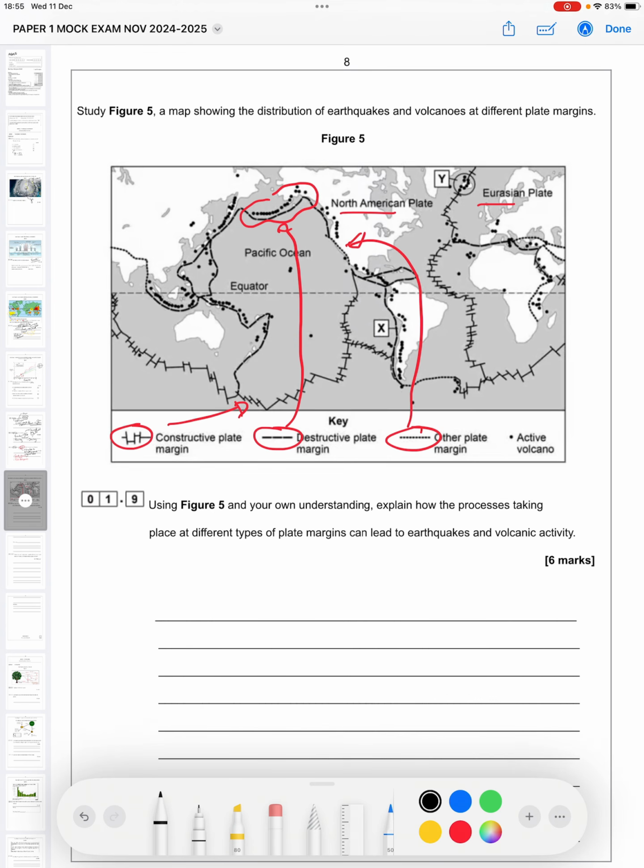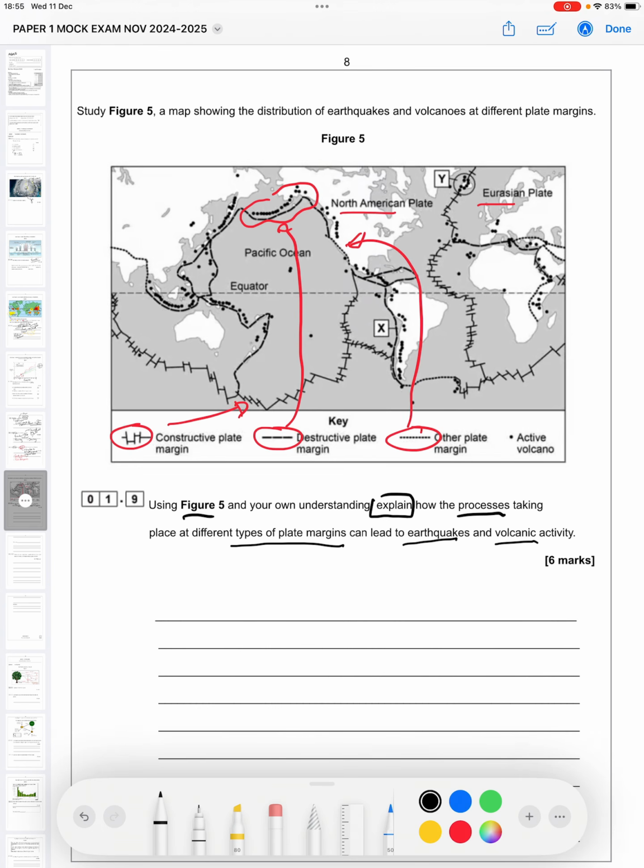And we ask ourselves this. Let's have a look. So using figure 5, we have to explain the processes taking place at different plate margins which can lead to earthquakes and volcanoes. So you've boxed your command word. You've underlined the keywords.